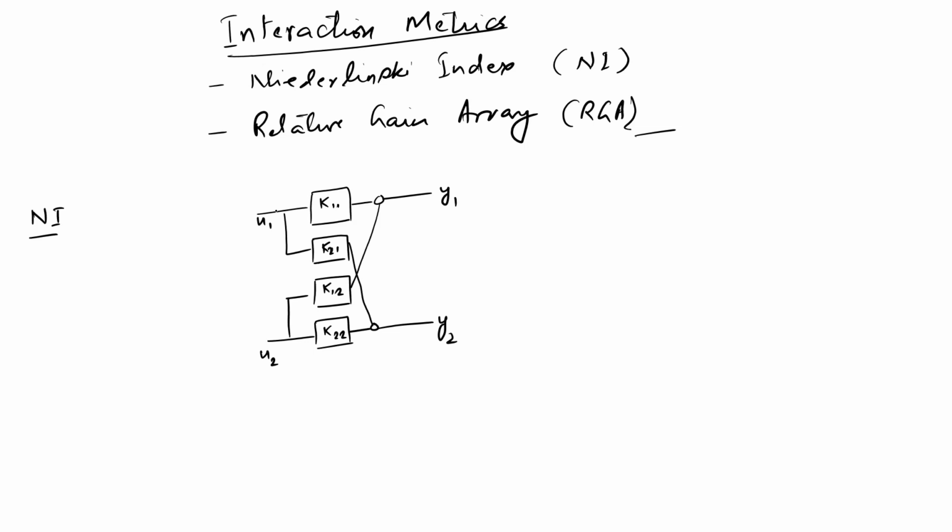Okay, so let us say there is a disturbance, and I'll just take an arbitrary disturbance. At time t equal to 0, y1 is at 1. Let's look at u1 and u2. Now y1 has gone to 1.